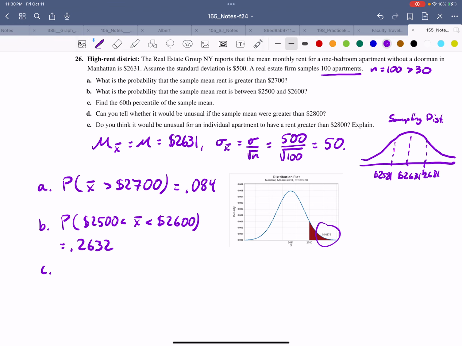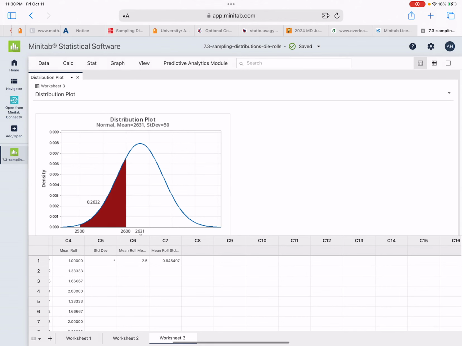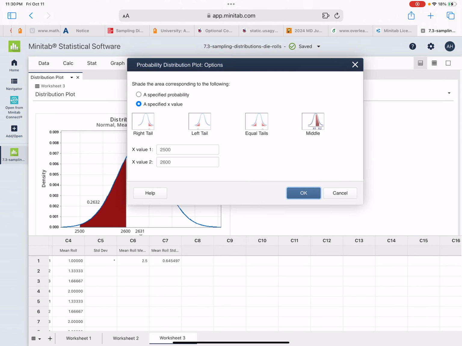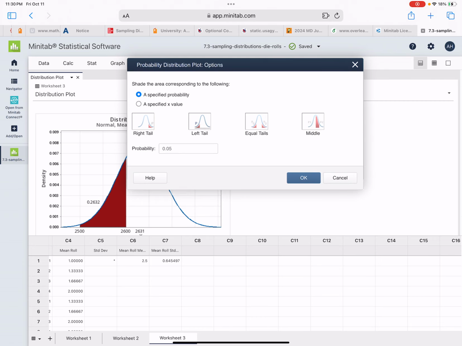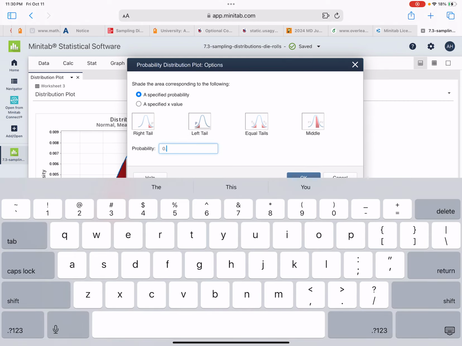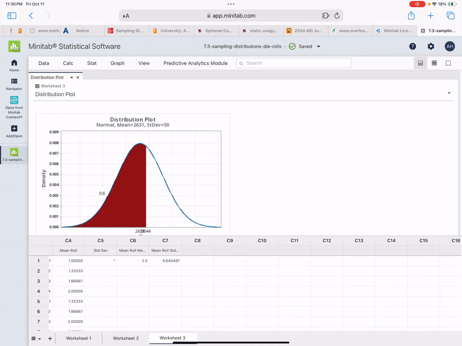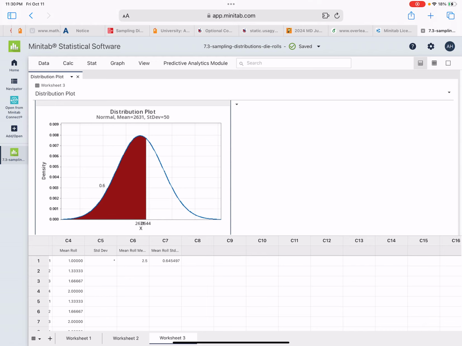All right, so another couple of examples. Find the 60th percentile of the sample mean. Again, we just use Minitab, right? Graph, probability distribution plot, view probability. Options, here we want a specified probability, 60th percentile. Percentile means we're always doing left tail. It looks like it's 2644.